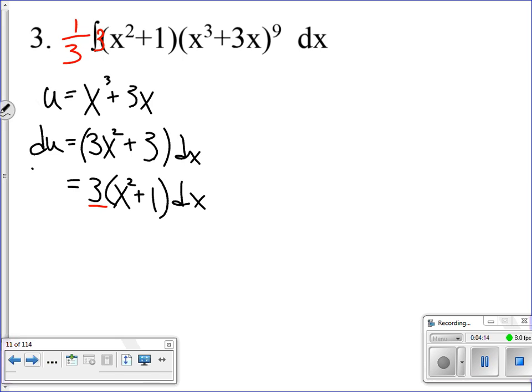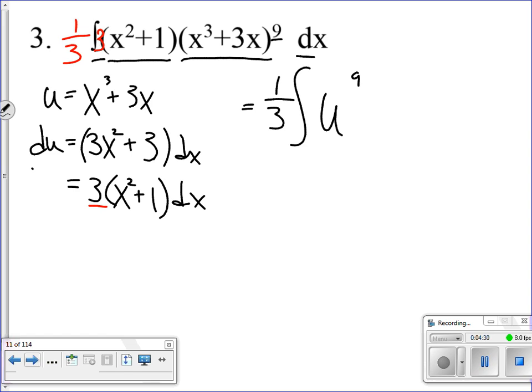With u sub, once you make sure your factors of du are in place, you rewrite it. So we have the 1/3. Always save the du for the end. So first we've got u to the 9th. And then the rest of it, the 3 times the x squared plus 1 times the dx, all that is your du. Once you've converted everything to u's and du's, take the antiderivative, again using the power rule.